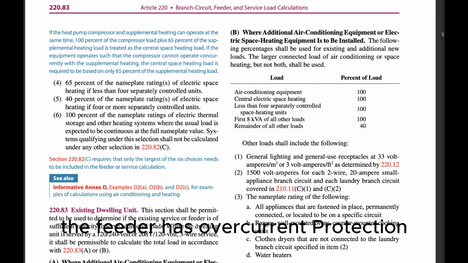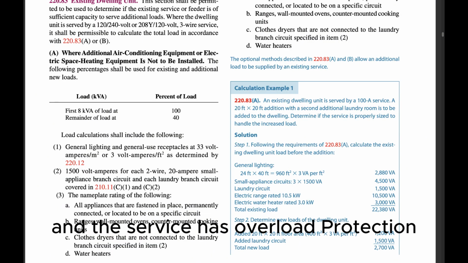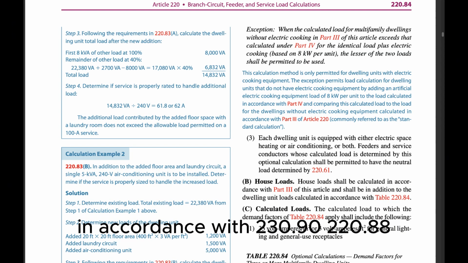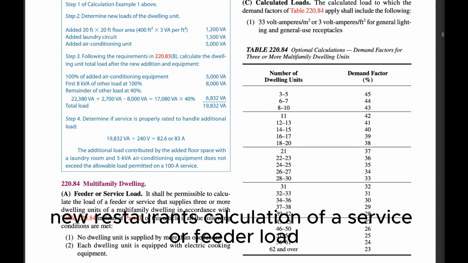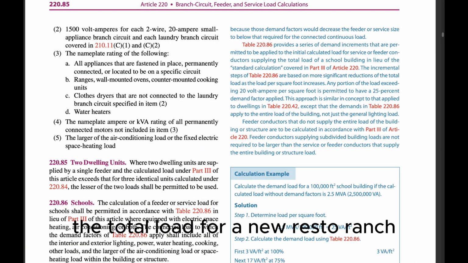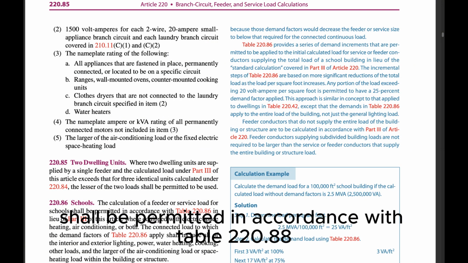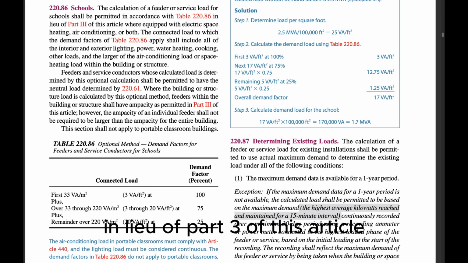3. The feeder has overcurrent protection in accordance with 240.4, and the service has overload protection in accordance with 230.90. 220.88 New restaurants. Calculation of a service or feeder load, where the feeder serves the total load for a new restaurant, shall be permitted in accordance with Table 220.88 in lieu of Part 3 of this article.